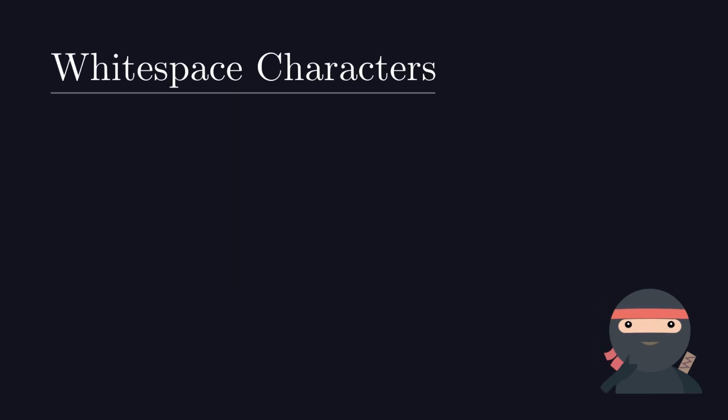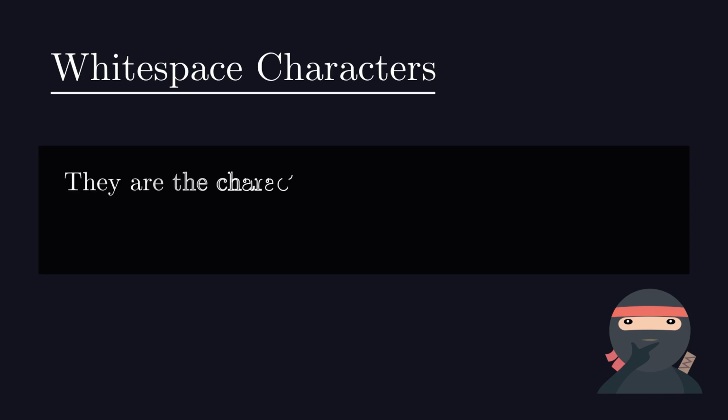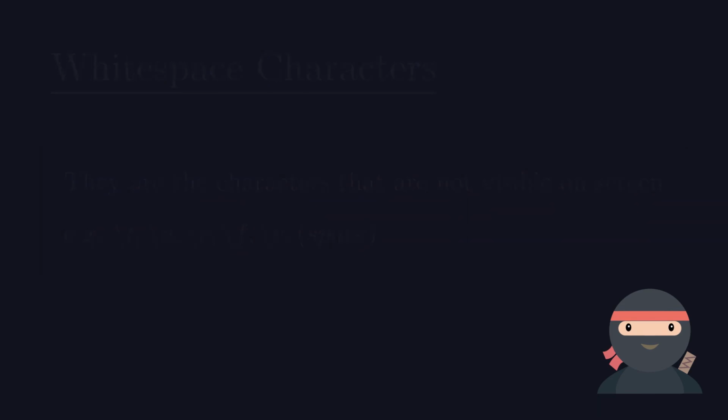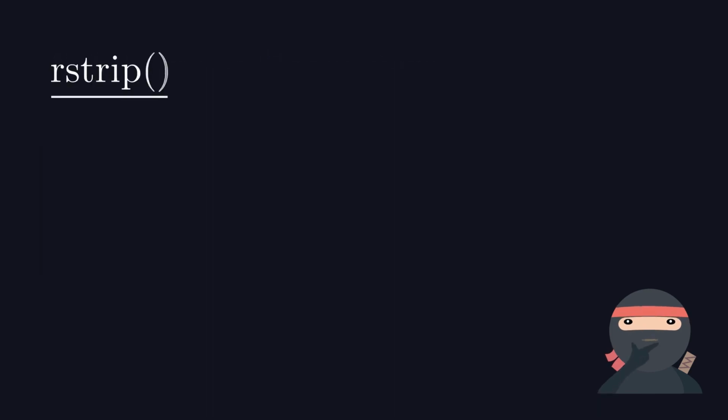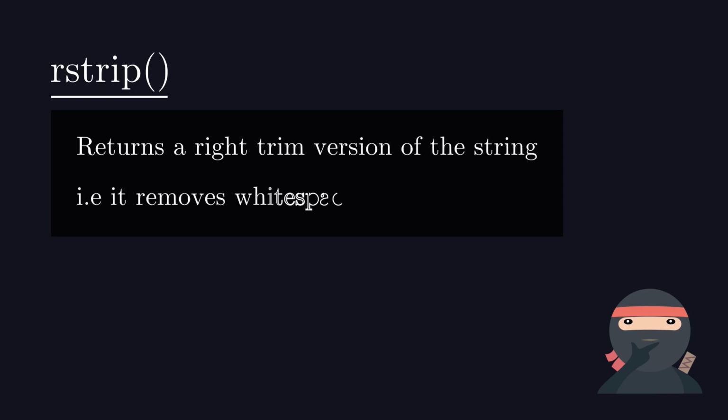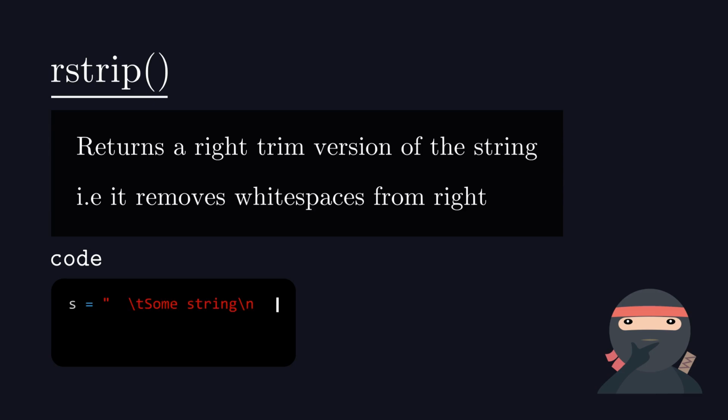Whitespace characters are the characters that are not visible on the screen, like tab, new line, and spaces. The rstrip method will remove all the whitespace characters from the right until it finds a non-whitespace character.